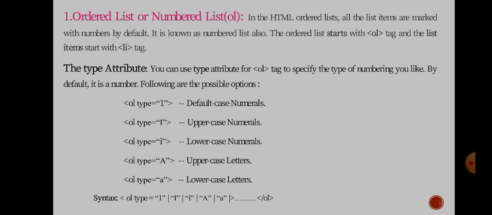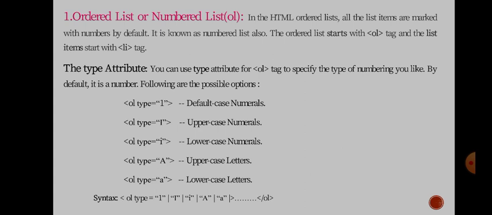In the HTML ordered list, all the list items are marked with numbers by default. It means the list items are marked with normal numbers 1, 2, 3 and so on. It is known as a numbered list also. And the ordered list starts with the OL tag. OL means ordered list. And the list items start with the LI tag.